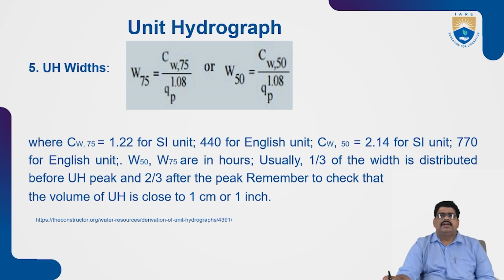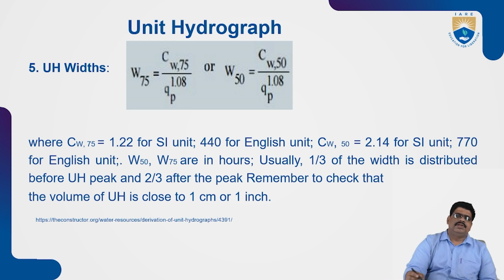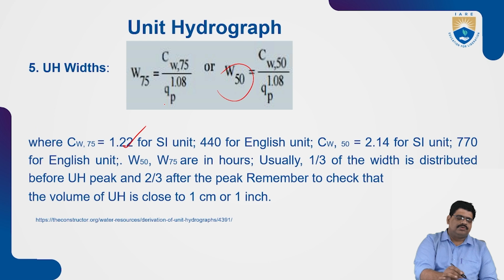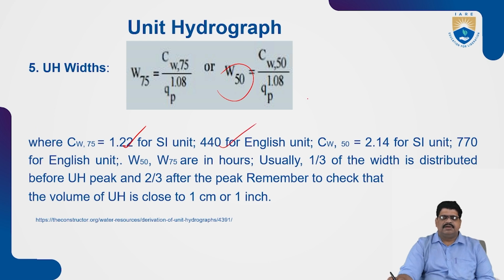Width we are going to calculate: W75 is equal to CW75 by QP to the power of 1.08, or W50 is equal to CW50 by QP to the power of 1.0, where CW is equal to 1.22 SI and 450 for the English, and 2.14 SI and 750. W50 and W75 are in hours, taken as 1/3 of the width distributed before the peak of the unit diagram, and 2/3 of the remainder, to take it as the volume of the unit diagram for 1 centimeter or 1 inch.